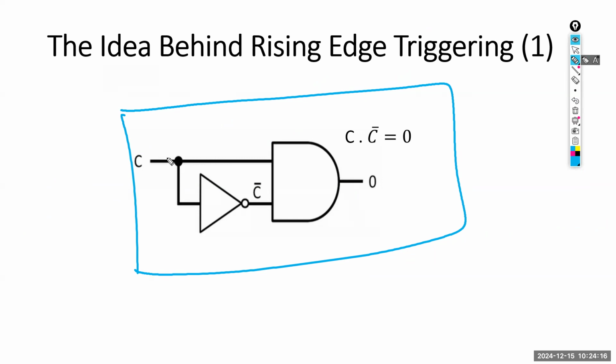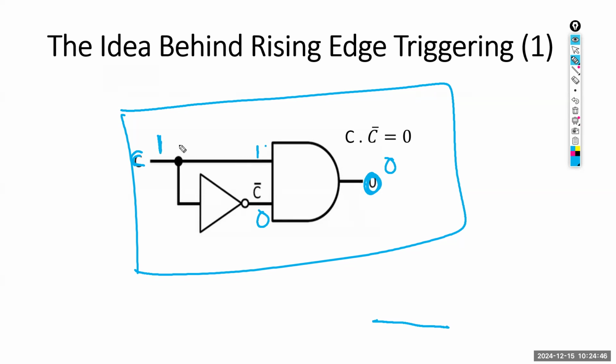Now, assume this is my input signal, this is my output signal. Now, assume C is 1. When C is 1, this is 1, right? Not 1 is 0, so 1.0 is 0. Now this output is 0 when input is 1.